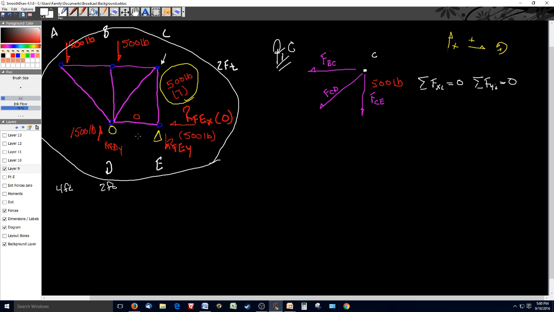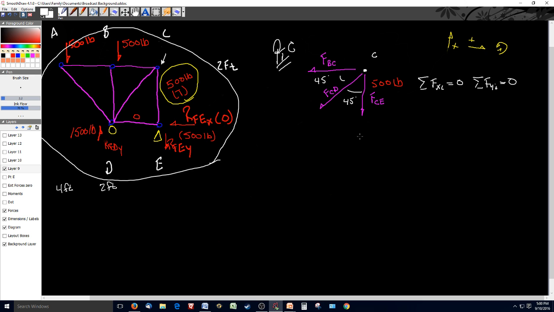Furthermore, because of the math behind this being 2 feet, we know the relative angle here is 45, and this one is 45 also. Not that we need both of them, but we know that going into it.